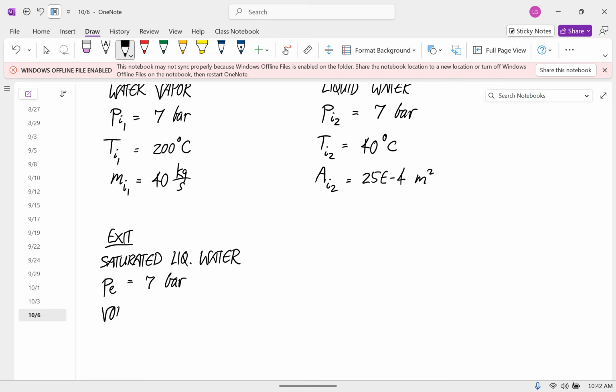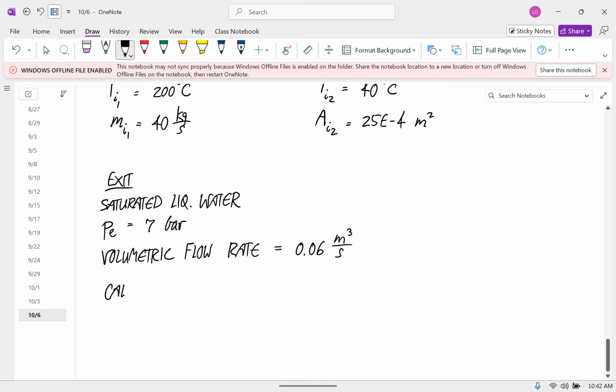The volumetric flow rate, so this isn't the mass flow rate, it's by volume, is 0.06 cubic meters per second.